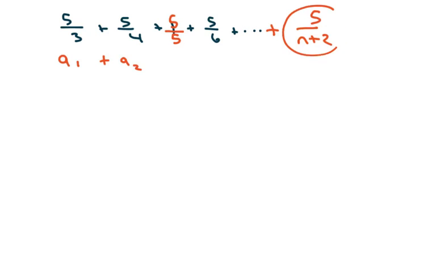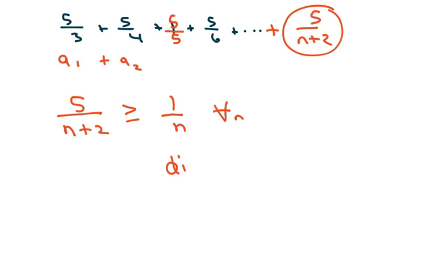So there's my general term, and when I compare it to 1 over n, any number I put in here is going to be greater than or equal to 1 over n. So this is for all, and this is how you can write for all, upside down A, for all of n. So this is divergent.